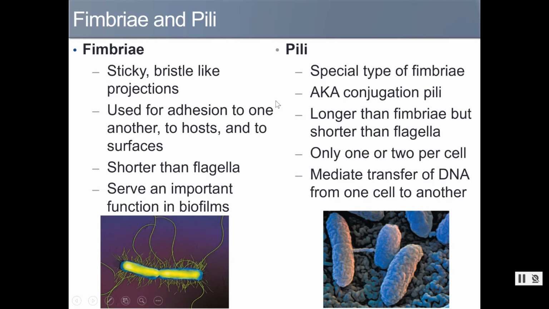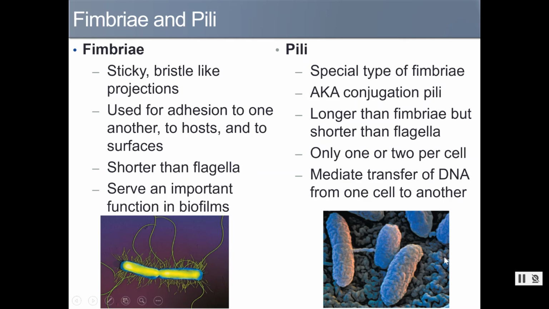A specialized form of fimbriae is called a pili. This is a projection that can link two bacteria cells, and these are pretty cool. We're going to learn more about this in the DNA chapter. They're also referred to as conjugation pili, longer than fimbriae, shorter than flagellum, and they will attach two cells for a short amount of time.